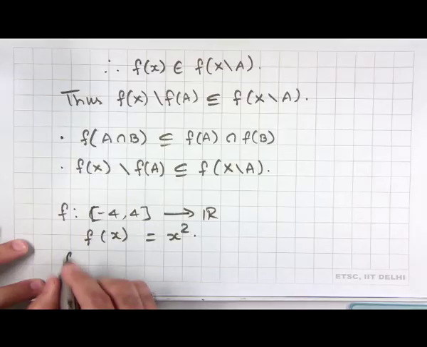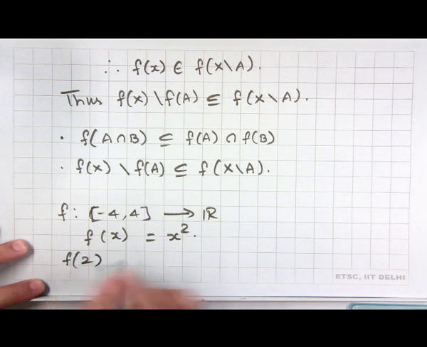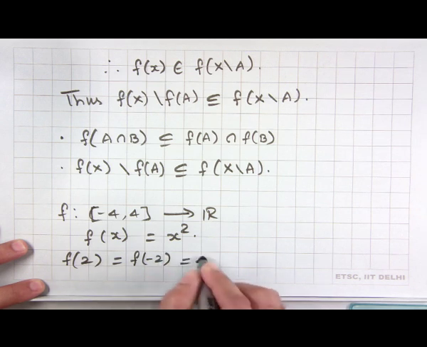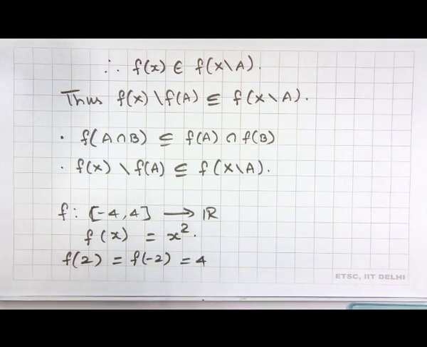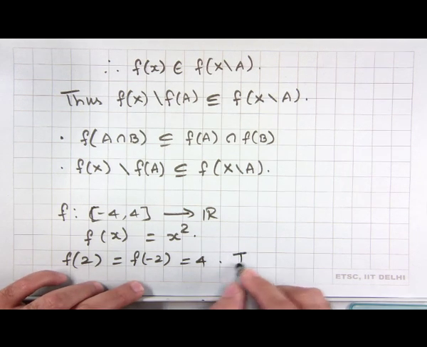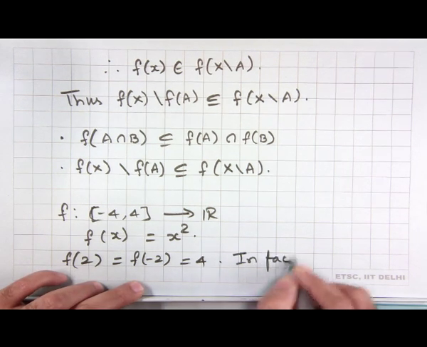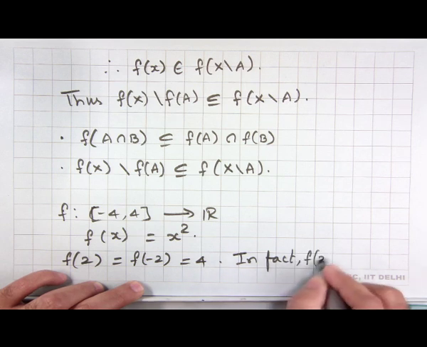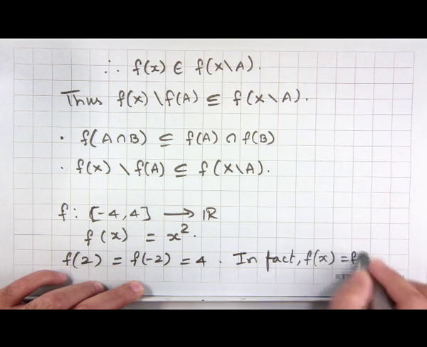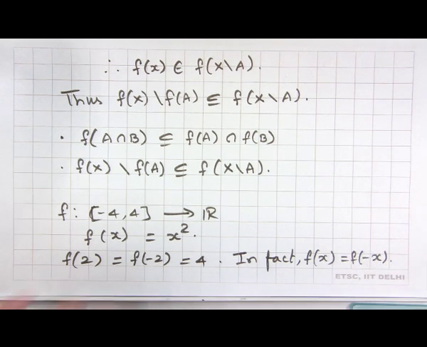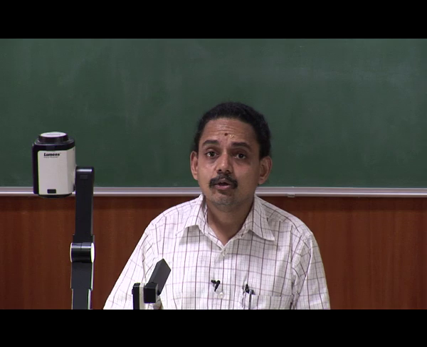If you notice, this function has f of 2 equal to f of minus 2 equal to 4. In fact, f x equal to f of minus x. That is what we have. So, let us try to look at a function which does not behave in this manner.